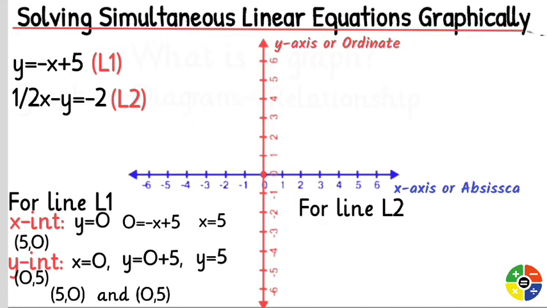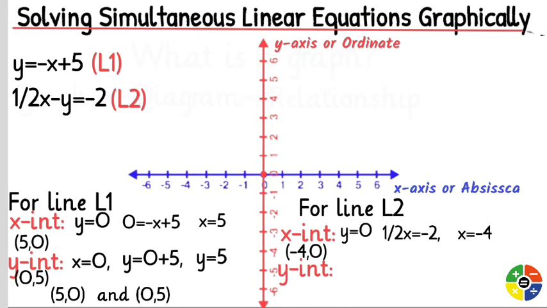Moving on to line L2 and finding the x-intercept, we substitute y = 0 into line L2, giving half x = -2. Solving for x by multiplying both sides by 2 gives x = -4. Hence, (-4, 0) is the x-intercept.